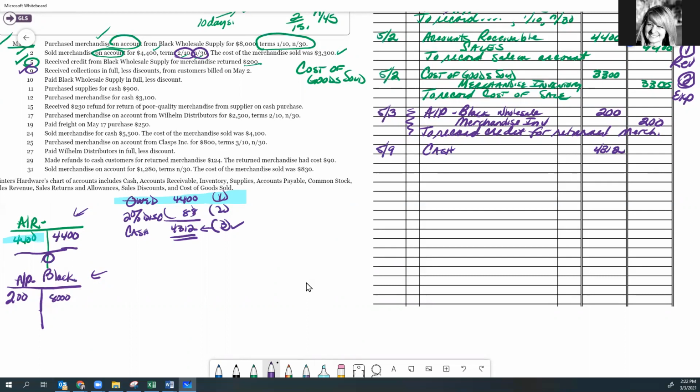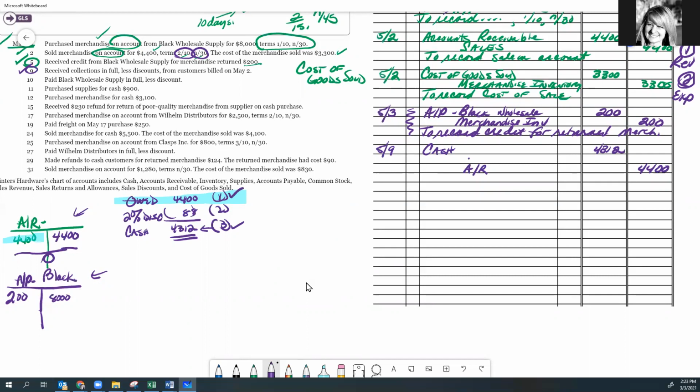So let's go ahead and credit our, I'm going to skip a line because I know I'm going to need another debit. We're going to credit our accounts receivable for the full 4,400. And so now we have recorded that item.